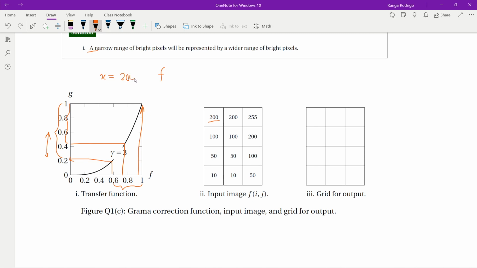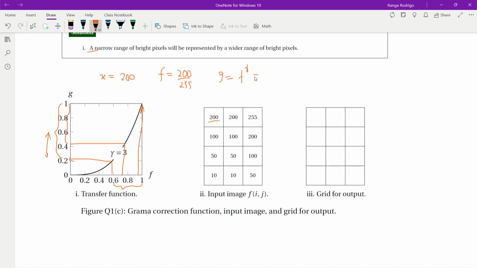To convert that to be within the interval from 0 to 1, we have to divide 200 by 255, and then to find g, we know that it is f to the power of gamma.